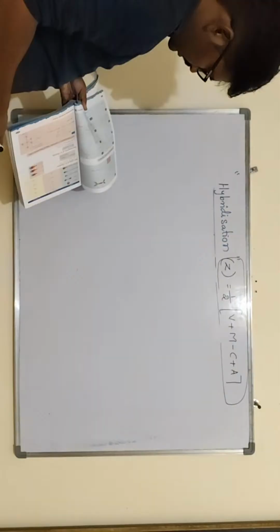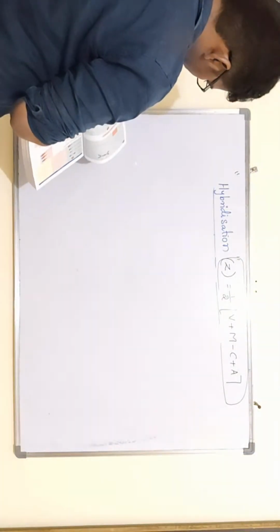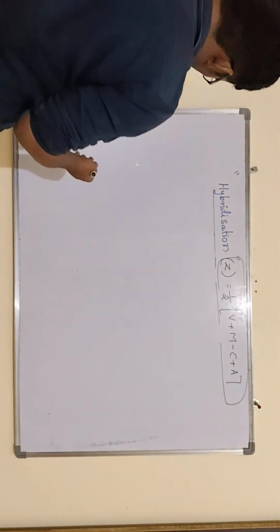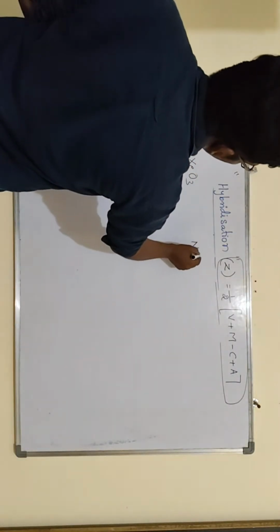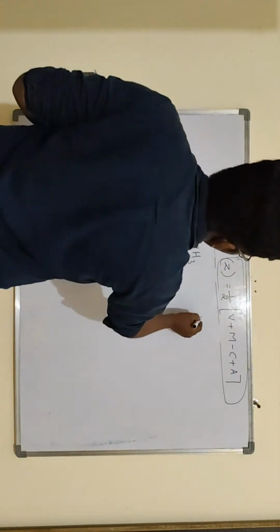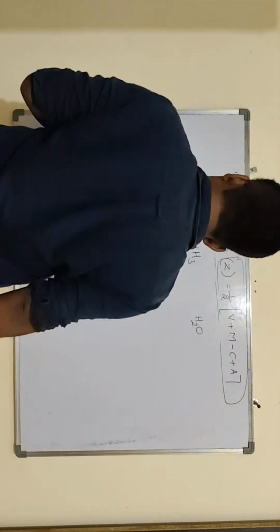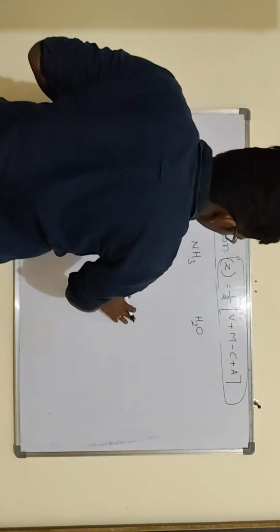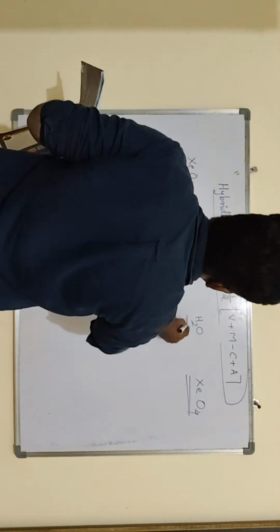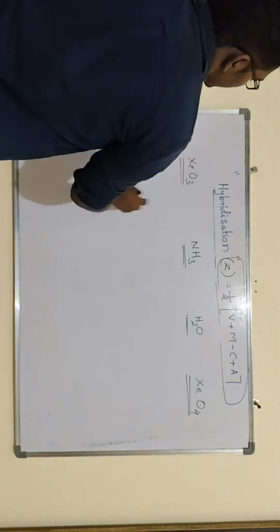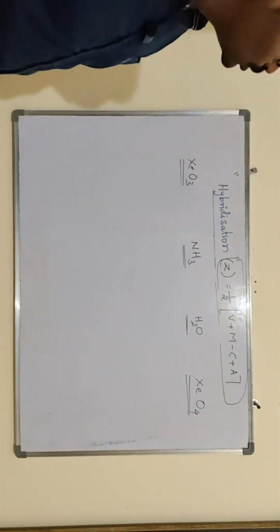Look at XeO3, NH3, H2O, then XeO4. For all these, you should know the valence electrons of the central atoms.